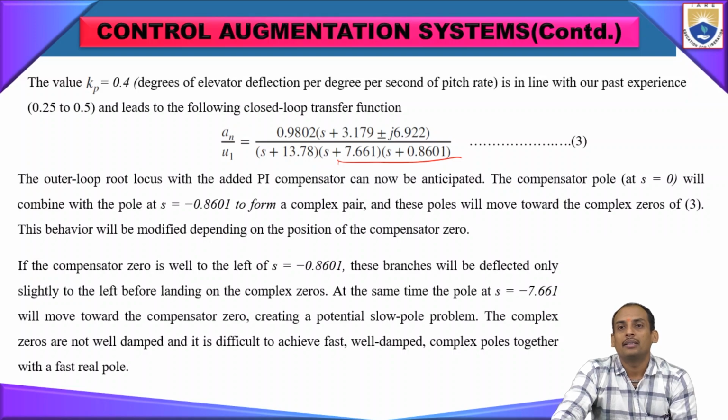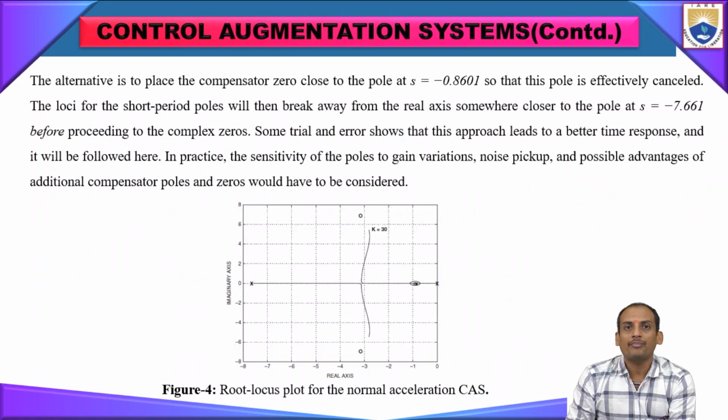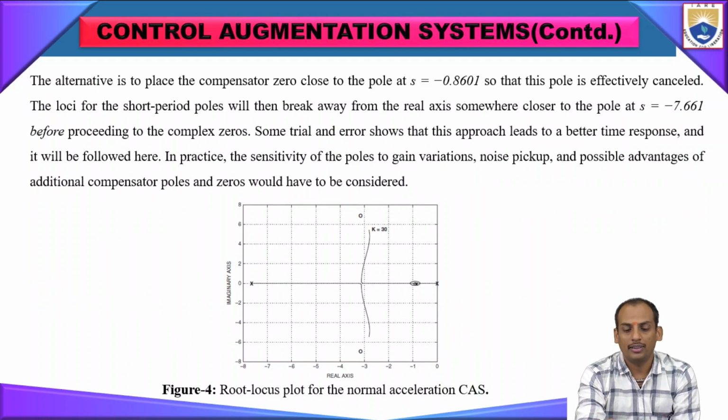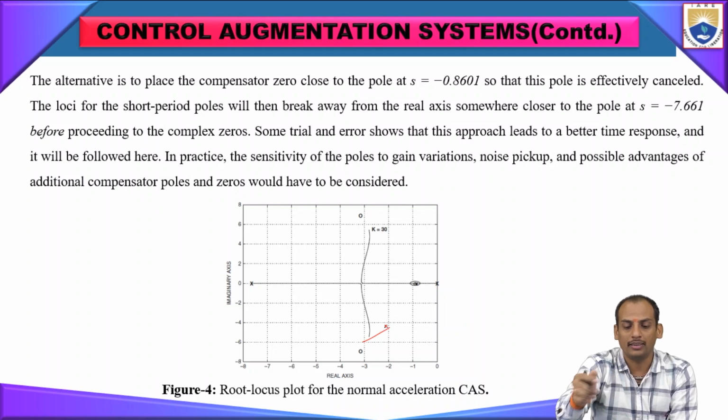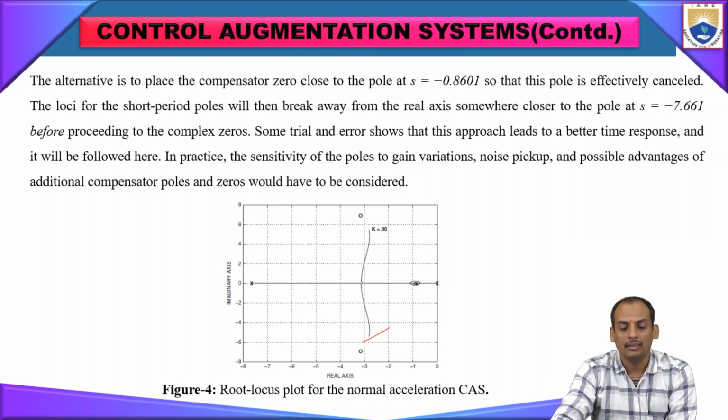So the potential slow pole problem: the complex zeros are well damped, and it will be difficult to achieve fast well damped complex poles together with the real pole. Here you see the root locus plot for this transfer function with k equal to 3.